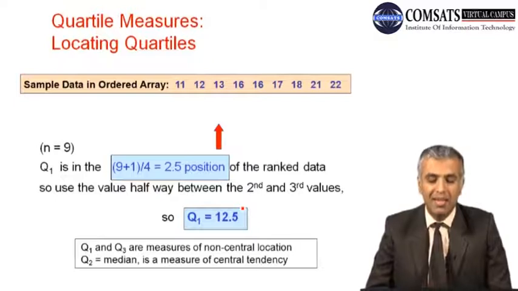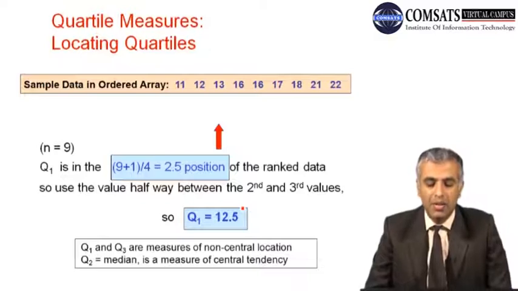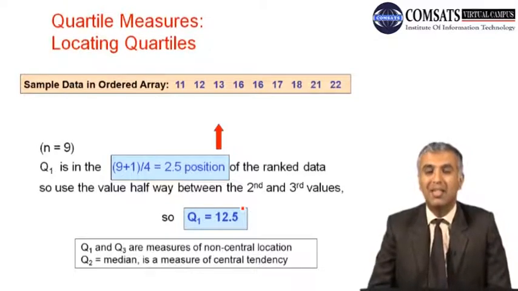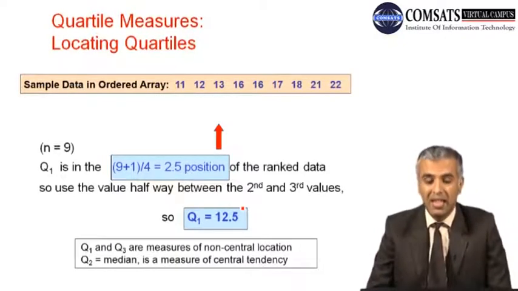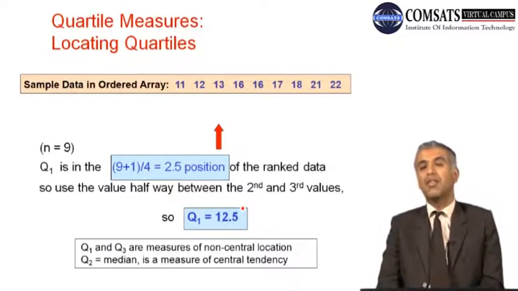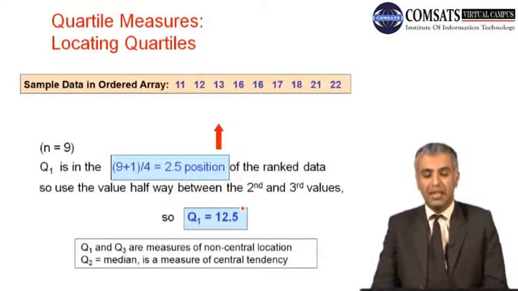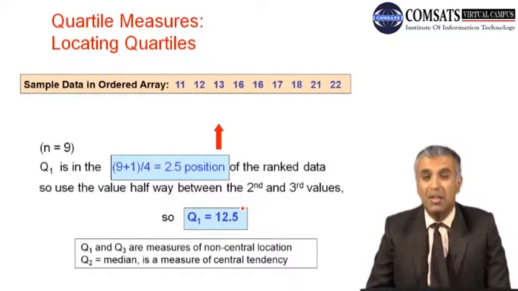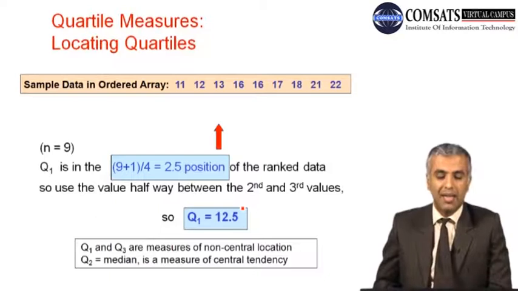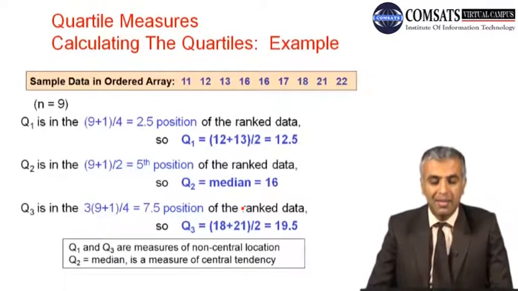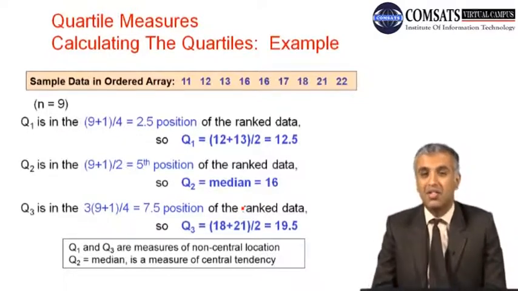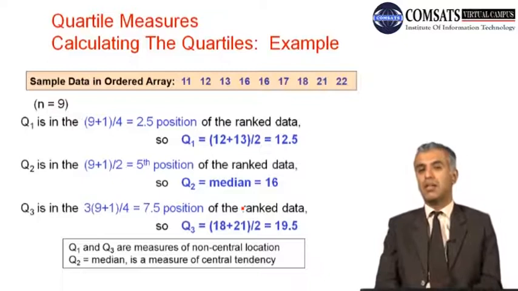So the Q1 here, which represents the 2.5 position, is between 12 and 13, and by taking the average of 12 and 13 we get 12.5, which is the first quartile. Coming to the second quartile, you can see that the formula is a bit changed, which is equal to n plus 1 divided by 2.